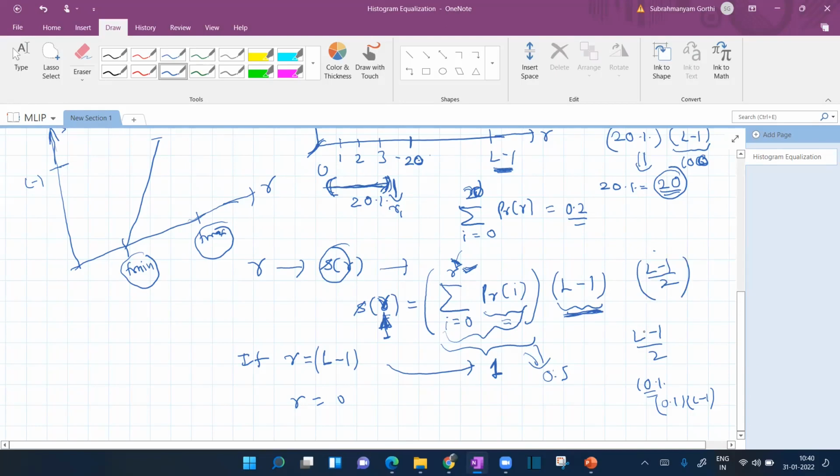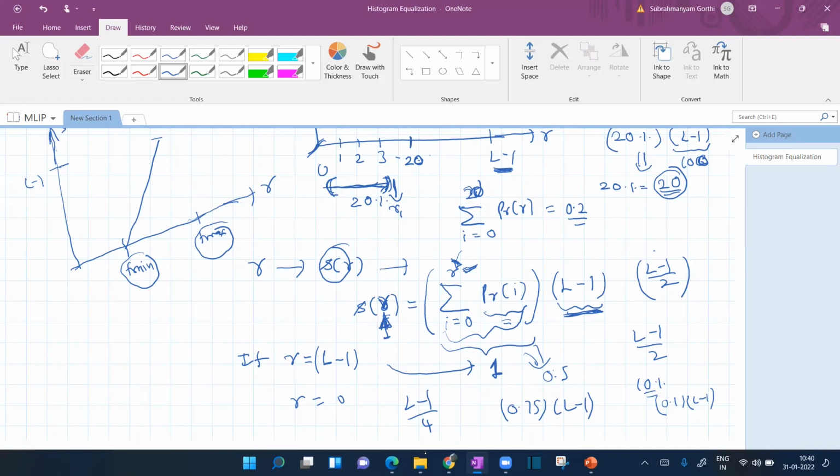If 75% of pixels are there, you will give it 0.75 times L minus 1. If 25%, you will give L minus 1 by 4. That is where your new S value will be.